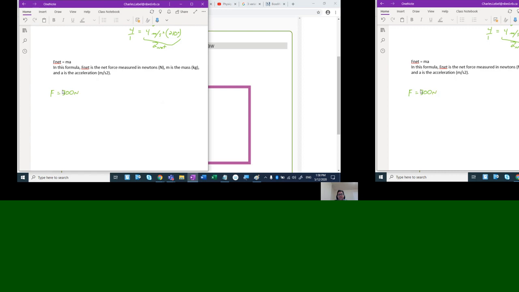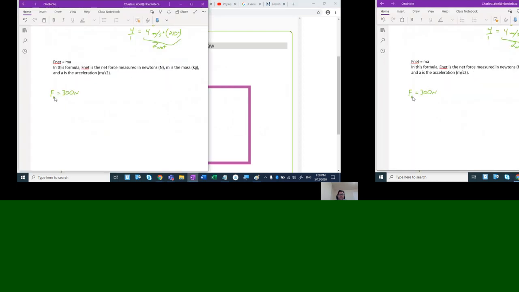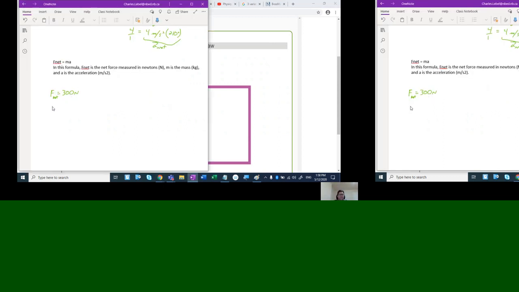It doesn't tell you anything else, so it's not a vector. And also it says net, so we should be saying net. Accelerates an object at 3.75 meter per second square. What is the mass of the object?